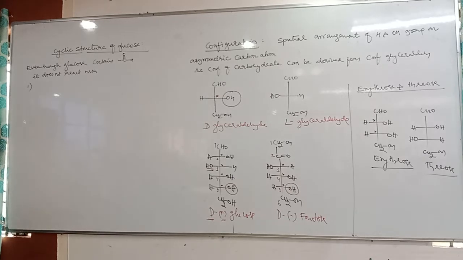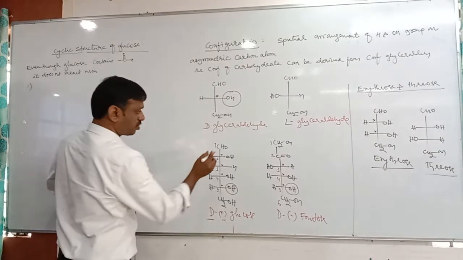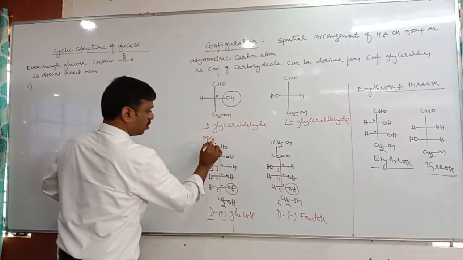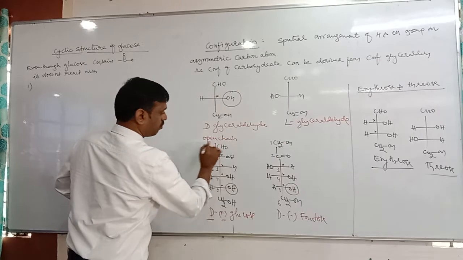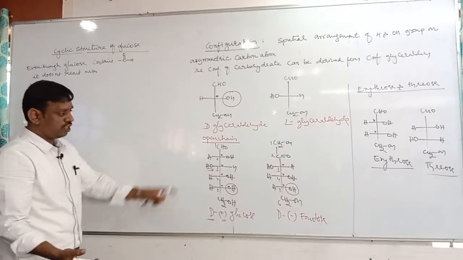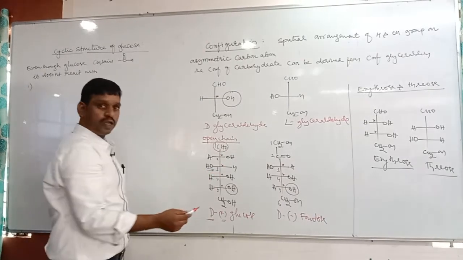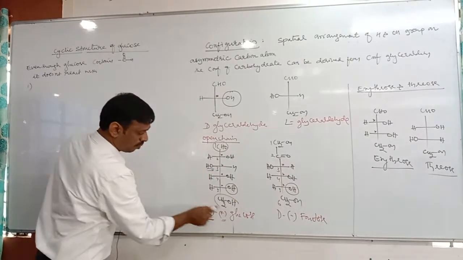Okay, see here. Now we have studied that the structure so far is the open chain structure. Whatever we studied so far, all these are open chain structures of glucose, fructose, etc. If you see the open chain structure, glucose has one aldehyde group. How many primary alcohols? One primary alcohol.